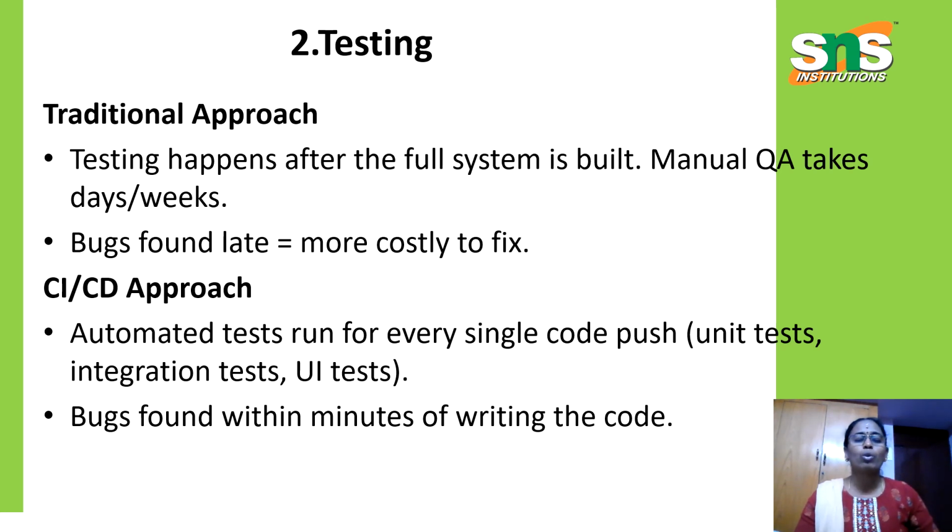Now the testing process. The testing happens after the full system is built in the traditional approach, as I said earlier. But in the modern approach, automated tests run for every single code change pushed into the repository, or even after building a small task or small module. Bugs are found within a minute of writing the code, and then and there they are rectified.